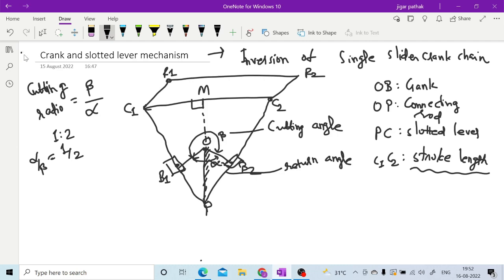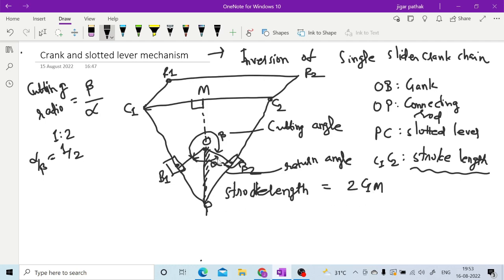Okay. So now, if we want to calculate this stroke length C1 C2, then it is actually symmetric. So if you take 2 into C1M, then also it is equivalent to your stroke length. So stroke length will be equal to 2 into C1M, because C1 C2 is nothing but 2 into C1M.